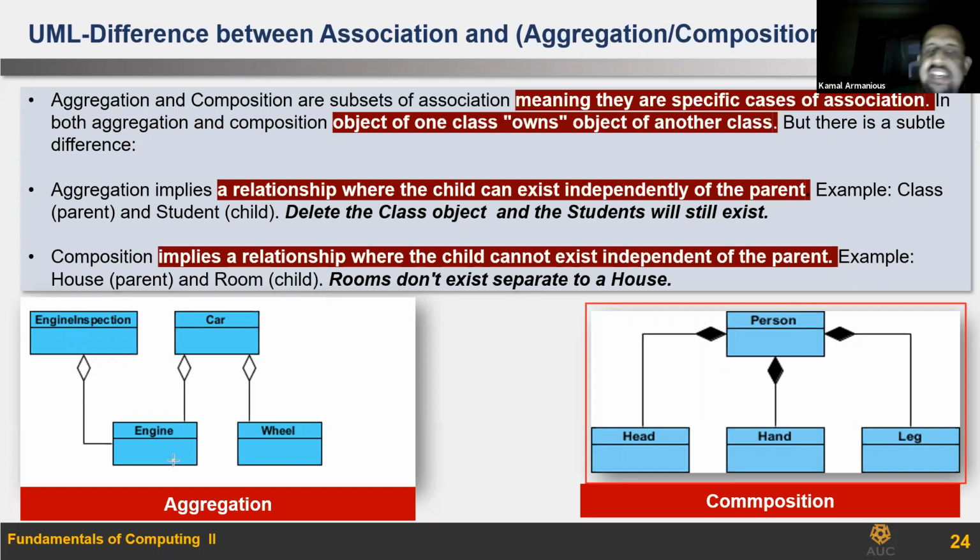No, this is a class diagram. Once again, a class is an abstract entity. I am not telling you the object is a live entity. The class is an abstract entity. I think it can't be a composition because engine can't survive alone without engine inspection.